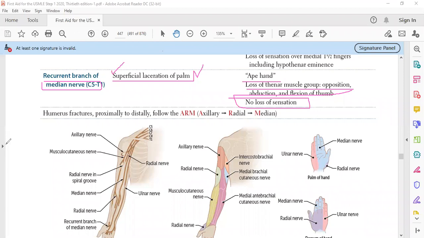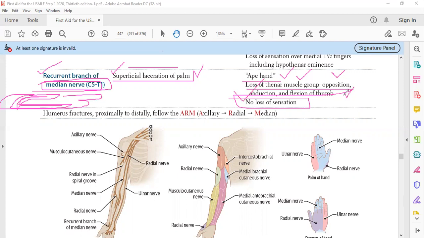Now, we have discussed the recurrent branch of the median nerve, which is C5 to T1. Superficial lacerations of the palm can damage this, because the median nerve goes like this, and the recurrent branch of the median nerve goes superficially in the hand. So then we have the ape hand, loss of the thenar muscle group, opposition, abduction, and flexion of the thumb, with no loss of sensation.